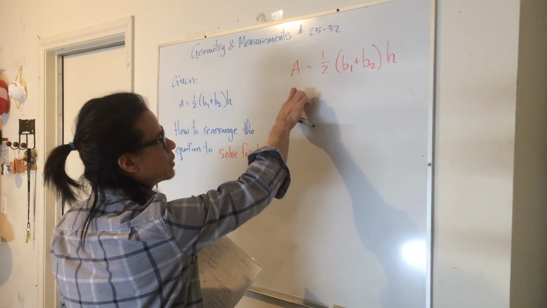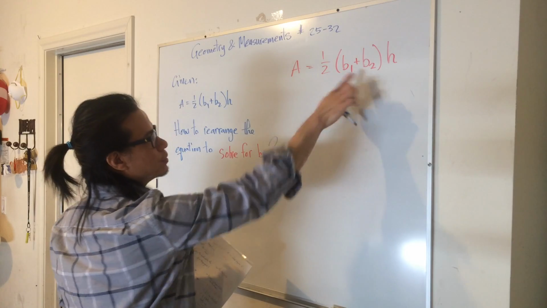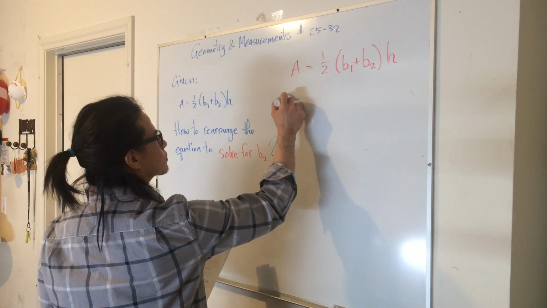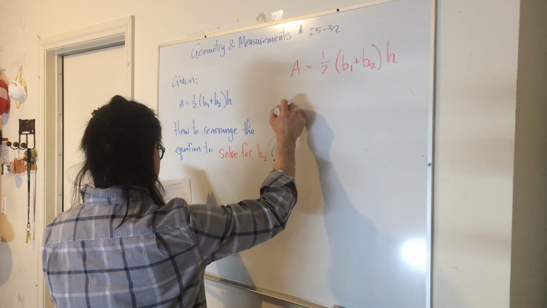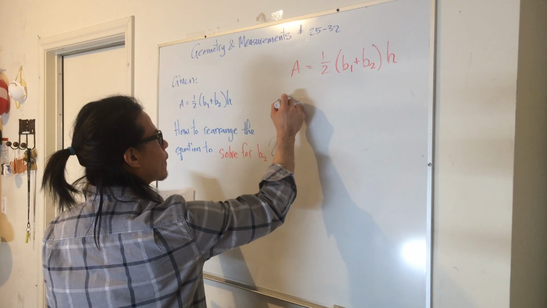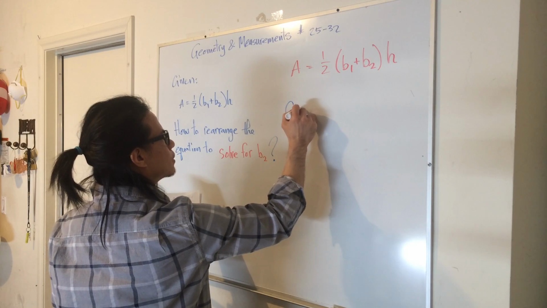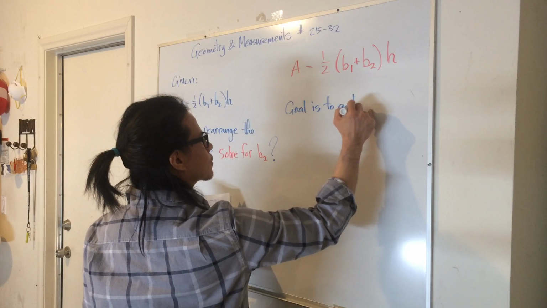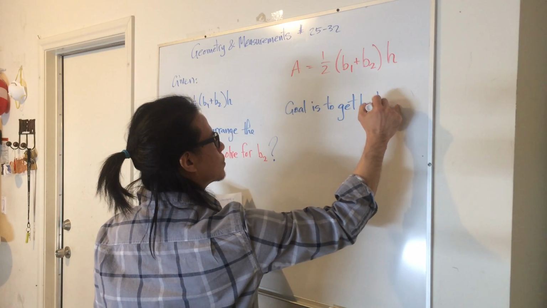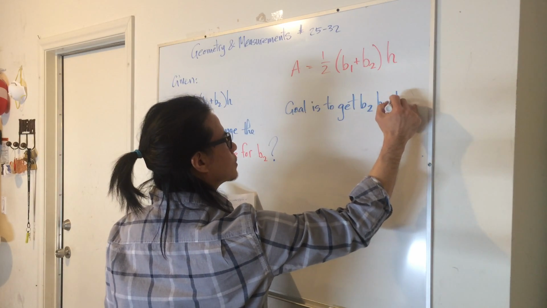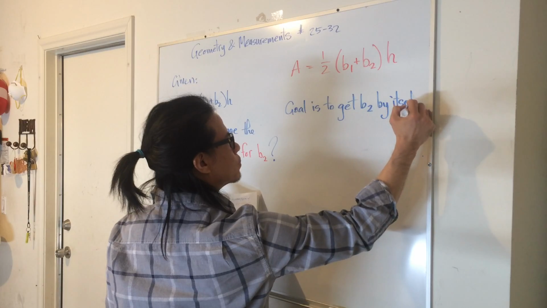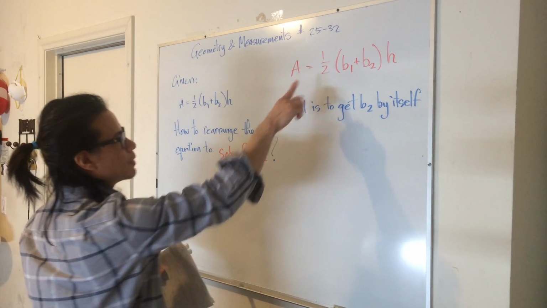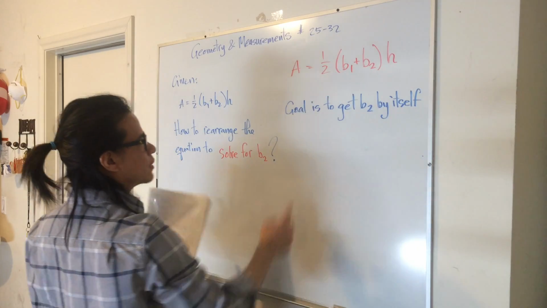Okay, so here we need to get B2 by itself. Okay, so let's make note of that. Goal is to get B2 by itself. In other words, you want to isolate B2. Okay, so we need to get rid of all the other guys that are in the way.